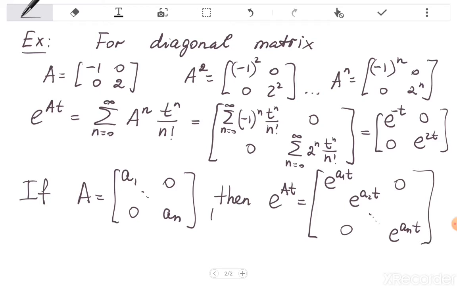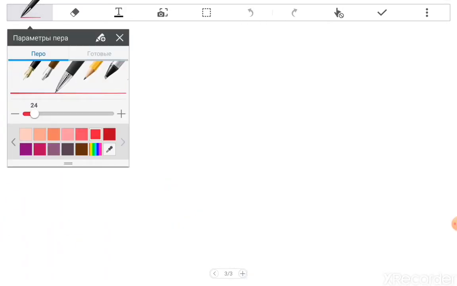So for a diagonal matrix we can easily find the exponent. Let's now look at some properties that can also be proved using matrix calculus.